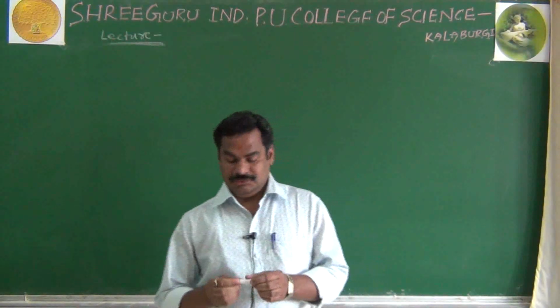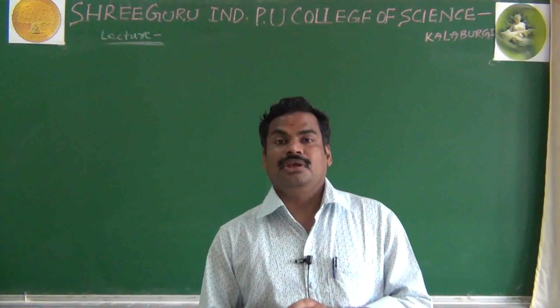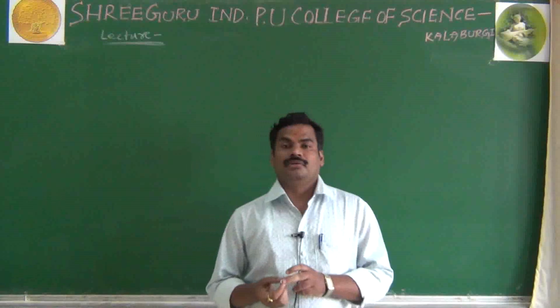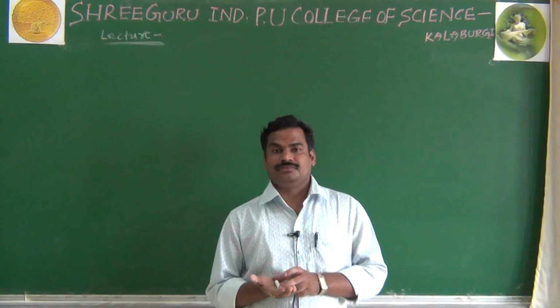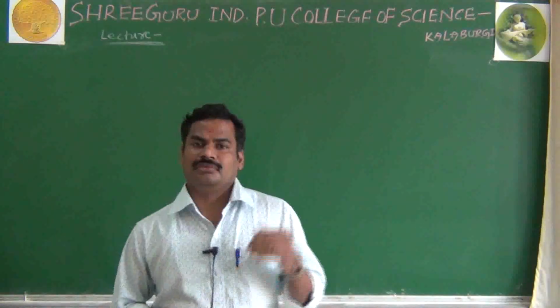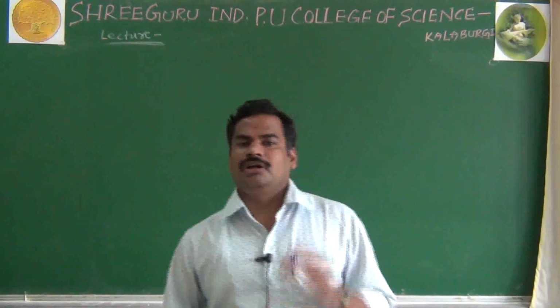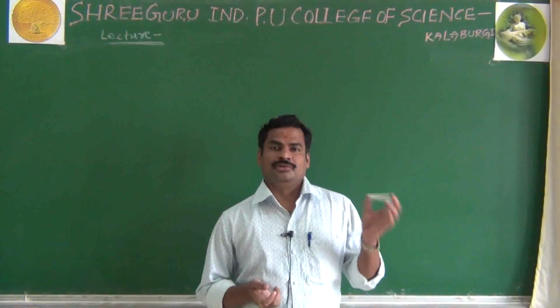Look here, my dear friends, in yesterday's class, we discussed the voltage divider biasing, and also studied what the Q point is and the importance of the Q point, and also the types of biasing.